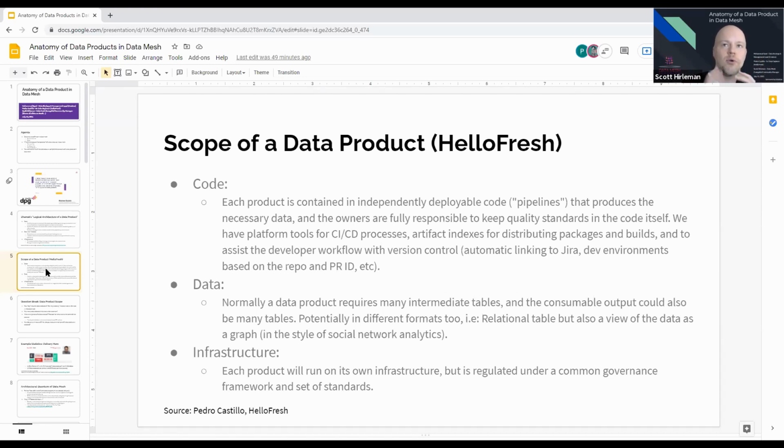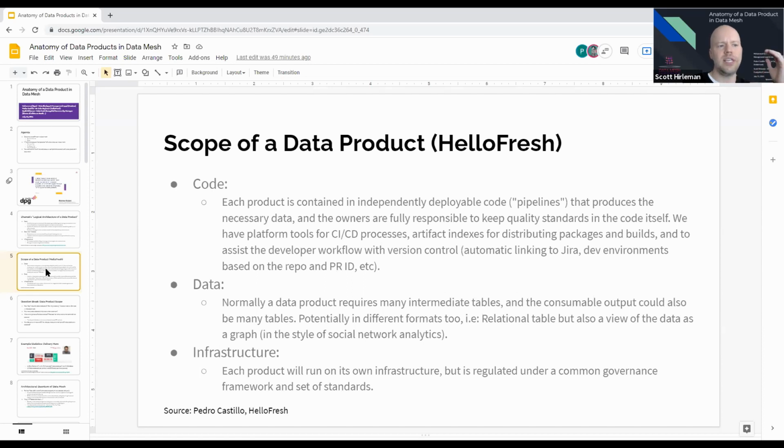So your transformation logic is within the data product. There's the CI/CD process and version control, and it's really important that data products are easily reproducible, because if not, then you're putting way too much effort back onto the data producer, and people aren't going to be bought in.